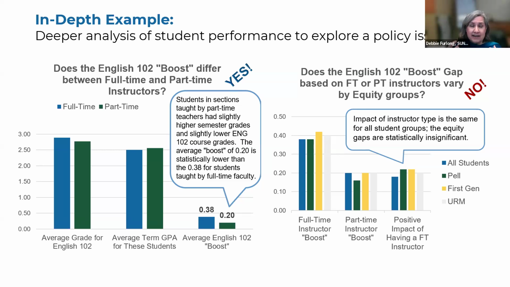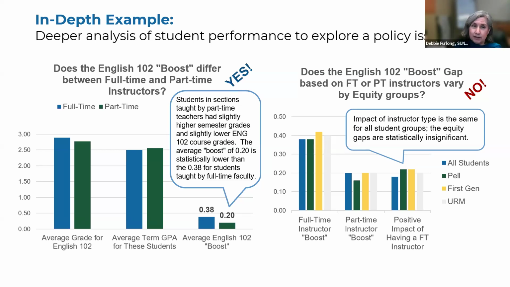And then doing the actual analyses would be kind of painful, right, if you're trying to do it one course at a time. So I was able to go ahead and calculate the size of the boost for these different categories of students. And the size of the boost is statistically the same.